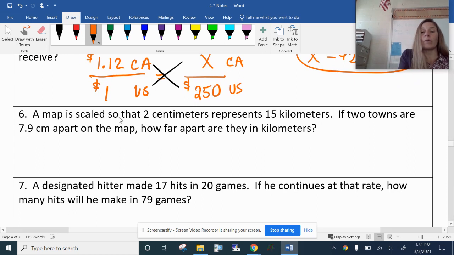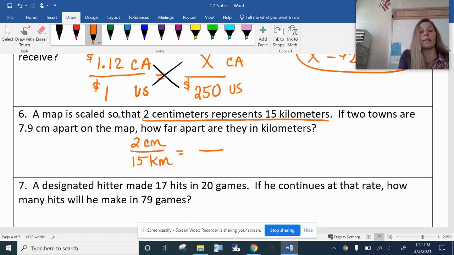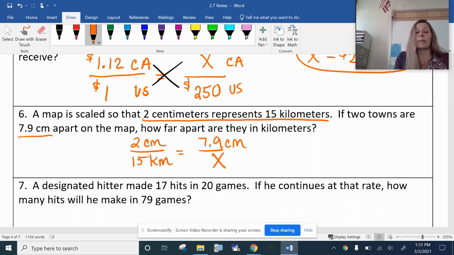Okay, a map is scaled so that 2 centimeters represents 15 kilometers. So 2 centimeters, 15 kilometers, that's my first ratio. If 2 towns are 7.9 centimeters away, that's got to go on the top because my centimeters were on top on the left. X amount of kilometers, how many are they apart?